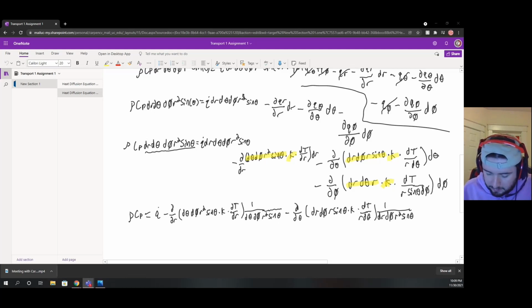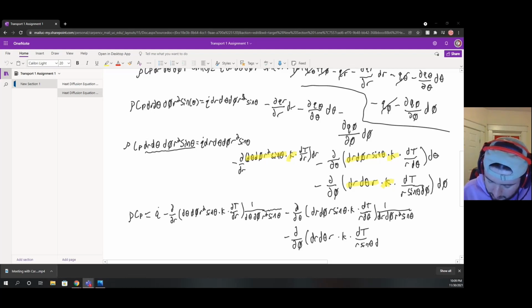And then for the final term, the partial derivative in terms of phi, we have dr d theta, sorry, that's phi, dr d theta r times our thermal conductivity times the change in temperature in terms of r sine theta d phi.